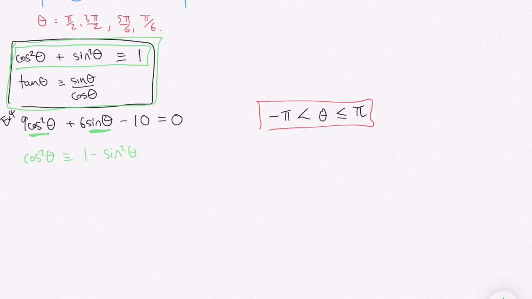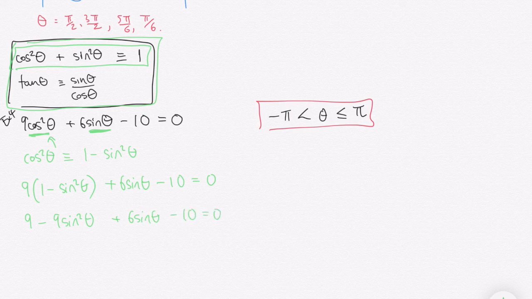So substituting this into the equation, we will end up with 9(1 minus sine squared theta) plus 6 sine theta, subtract 10 equals 0. And expanding that out, we get 9 minus 9 sine squared theta plus 6 sine theta minus 10 equals 0.